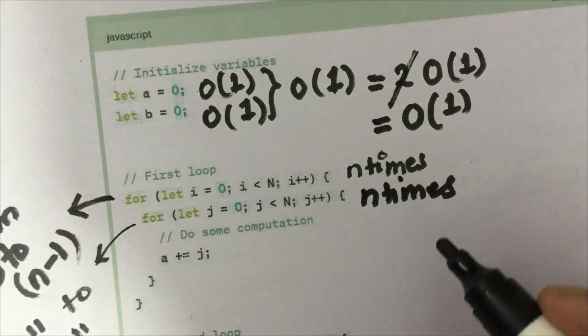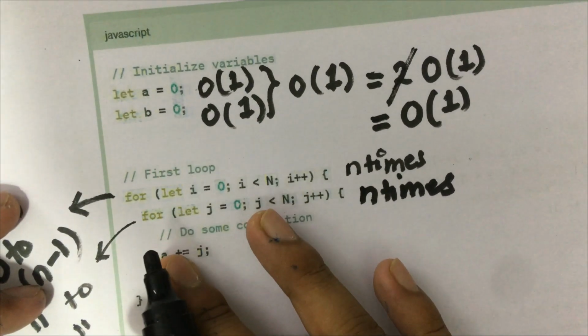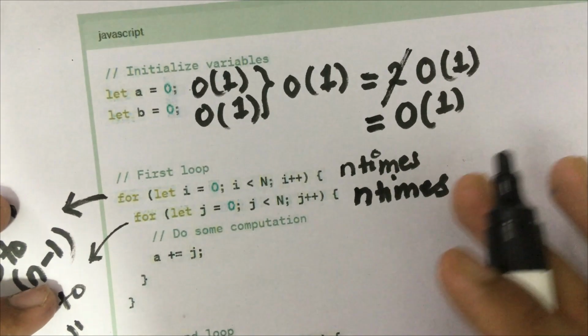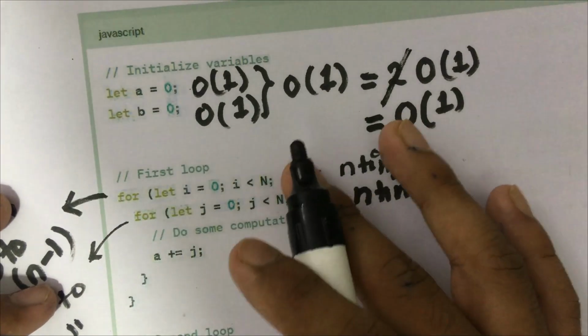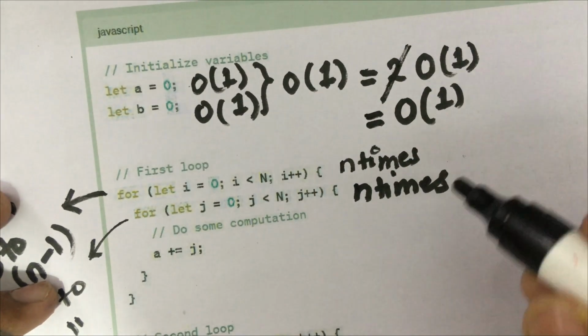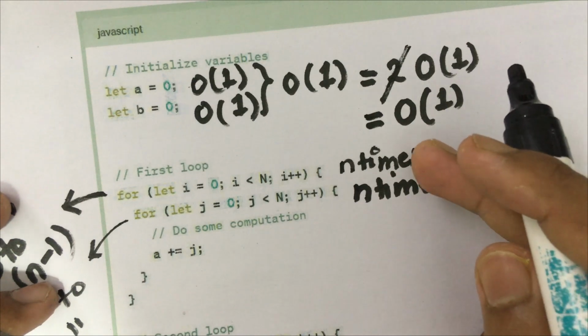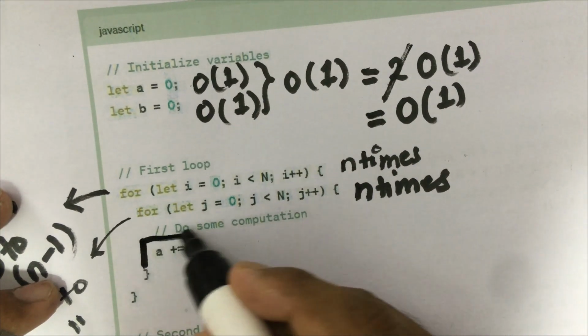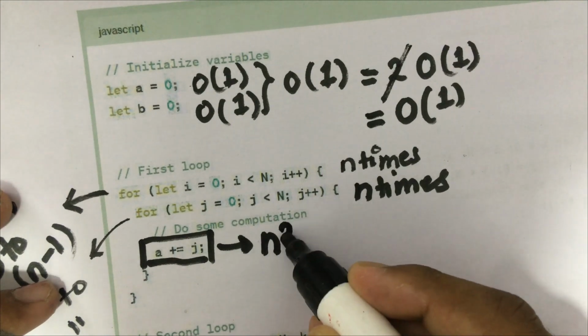Now if we look clearly, if these two were separate for loops, then the big O would have been O of n. But since these two loops are nested inside each other, for that very reason, the number of times the inside statement would run is n square times, right?